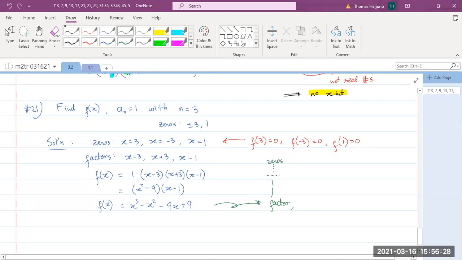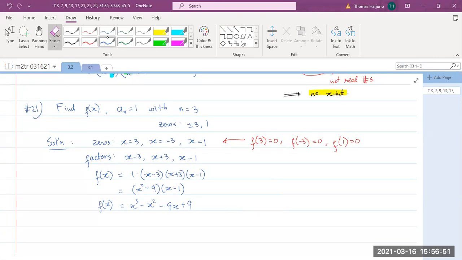Now we basically reverse the process. They don't tell us the x-intercepts, they tell us the zeros. Now, using those zeros, we will rebuild the function. Now, the thing is, there are actually a lot of functions with these zeros. Maybe I write it as a note.